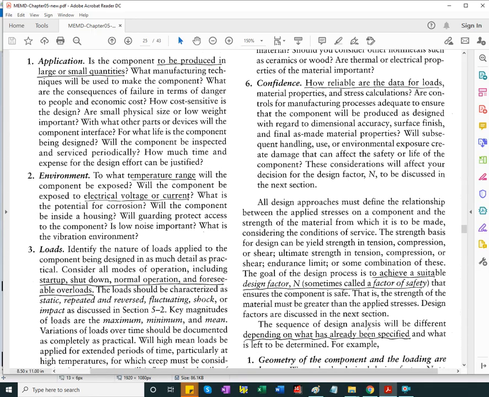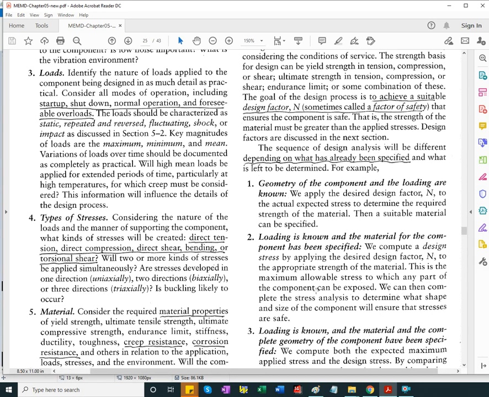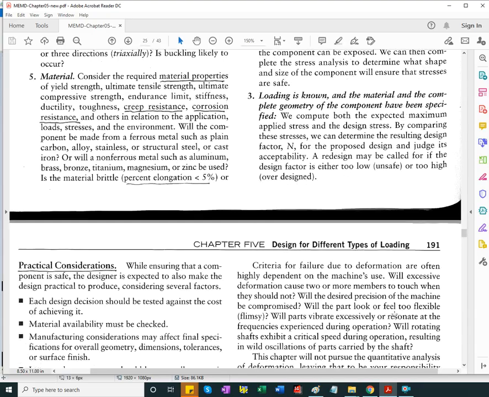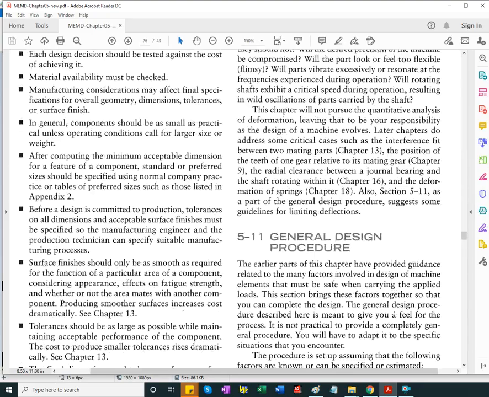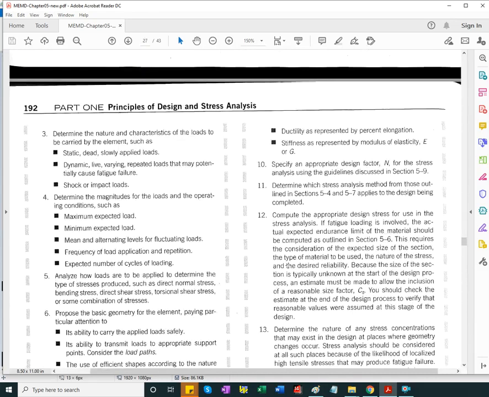Okay. And some more on design considerations. You may want to read these on your own. Again, knowledge of the conditions in which the component operates, like temperature, corrosive environment, all those are things to consider.